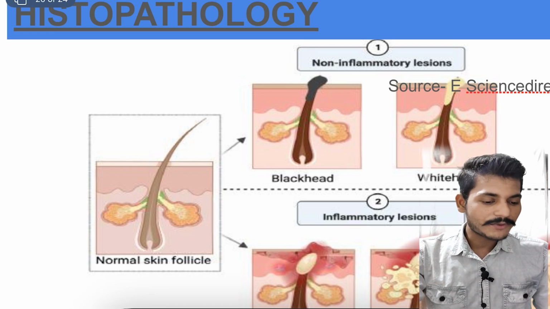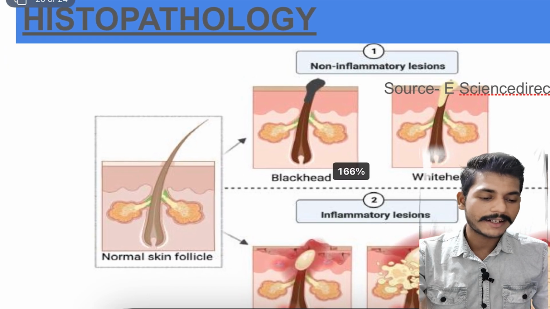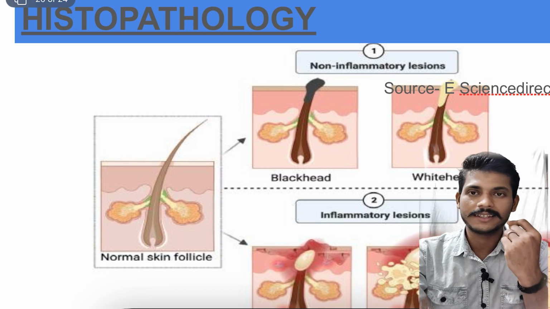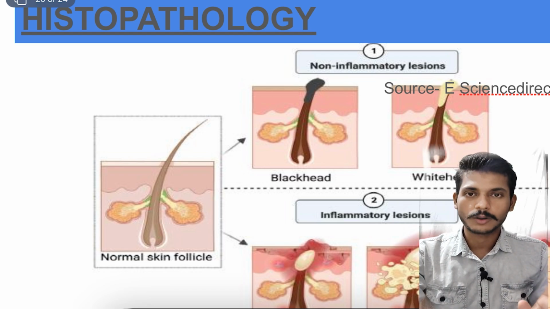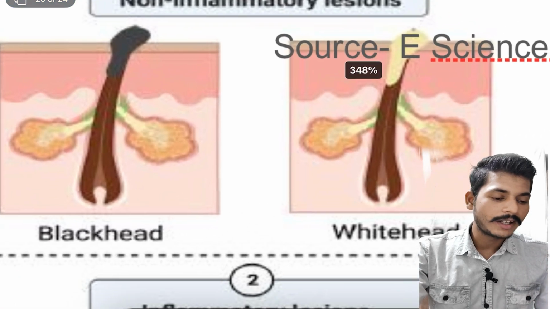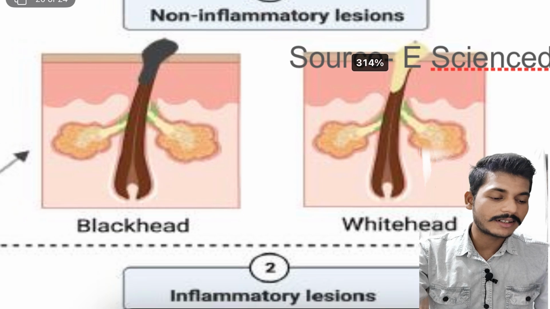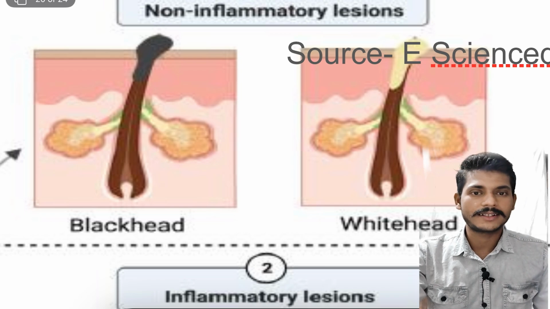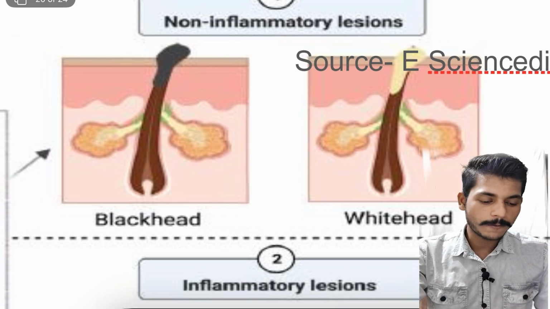fine. The types of non-inflammatory lesion: the first one is the blackhead. Here you see black patches present over the skin of the infected person. And on the next side you see the presence of the whitehead. This whitehead is the result of the sebaceous gland coming outside, fine, no problem.